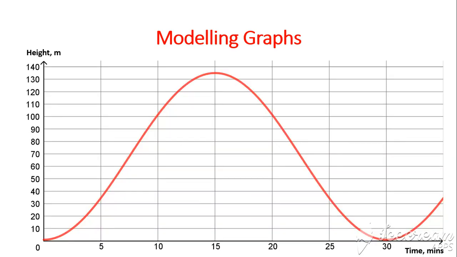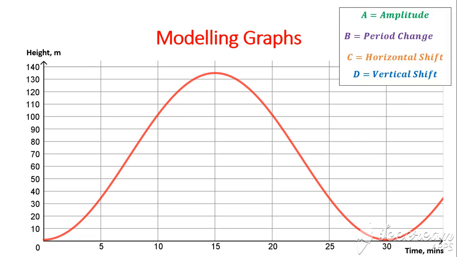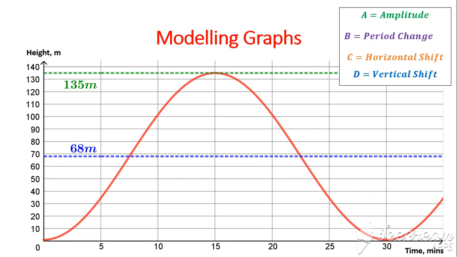All right, so here's what the trigonometric graph model will look like. Now we're going to figure out the values of A, B, C, and D. Okay, now we know the center of the circle is 68 meters above the ground. So we know the total height of the graph is 135 meters.